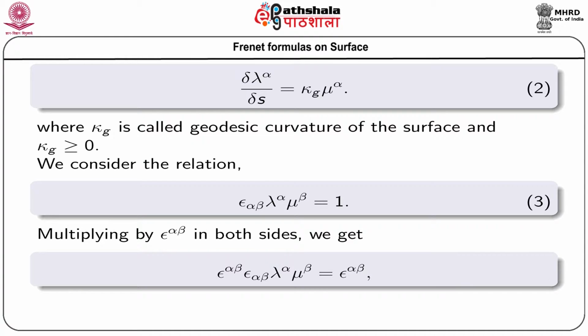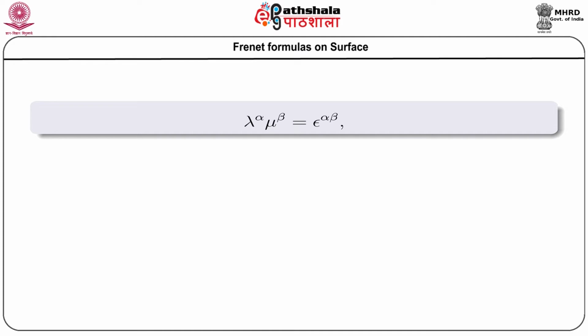Now, taking the inner product with epsilon upper alpha beta on both sides, we get epsilon alpha beta, epsilon upper alpha beta, lambda alpha mu beta equals epsilon upper alpha beta. So, from there we get lambda alpha mu beta equals epsilon alpha beta.